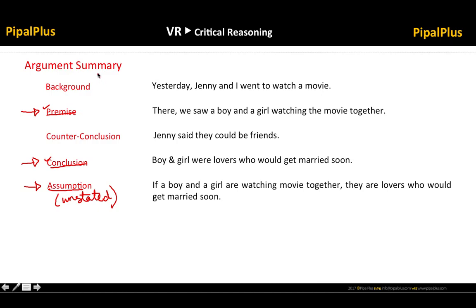Okay, and the optional portions of an argument which may or may not be present are the background, right? This just gives you the situation in which the whole situation is based, and the counter conclusion. This may or may not be present. Sometimes it typically serves to confuse the main conclusion. So again, like background, this may or may not be present, but these two will be present, and this will typically be unstated.